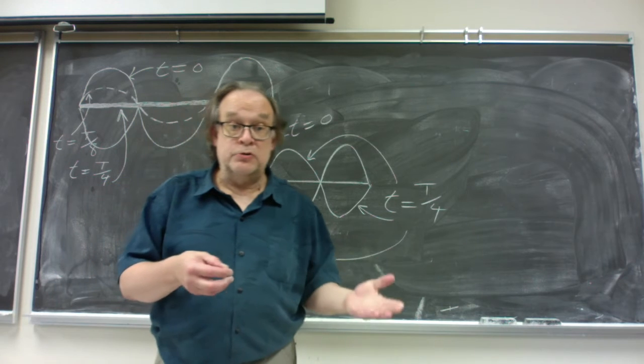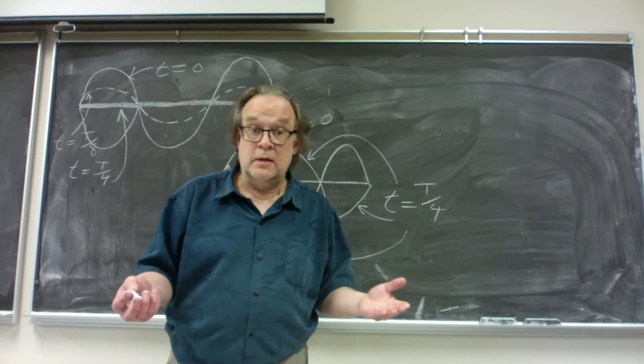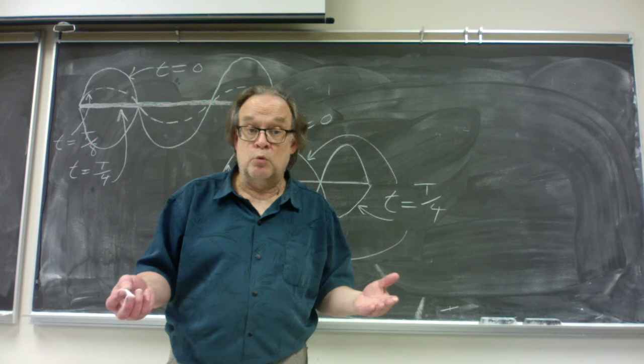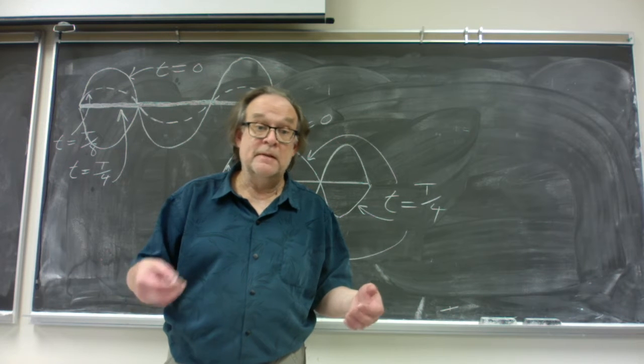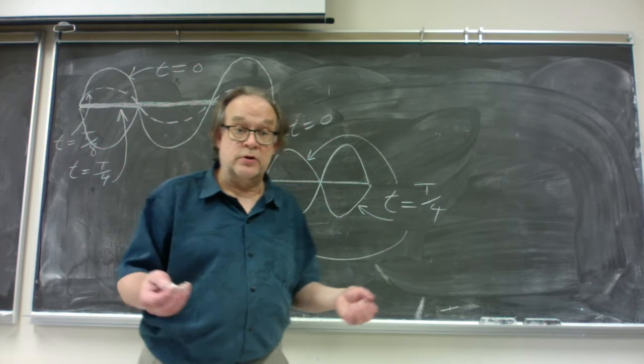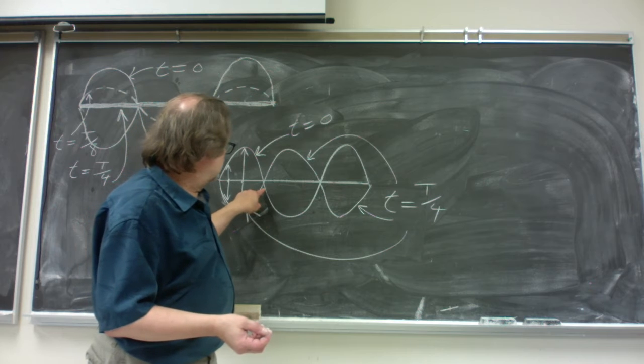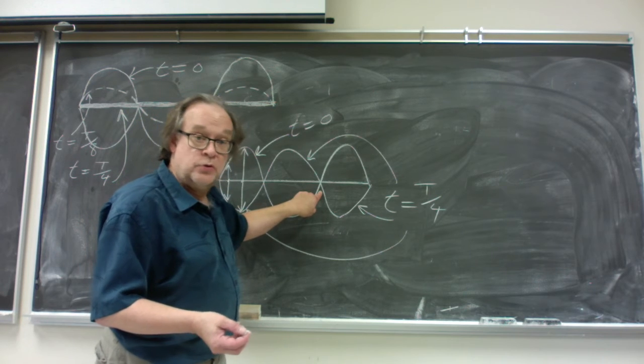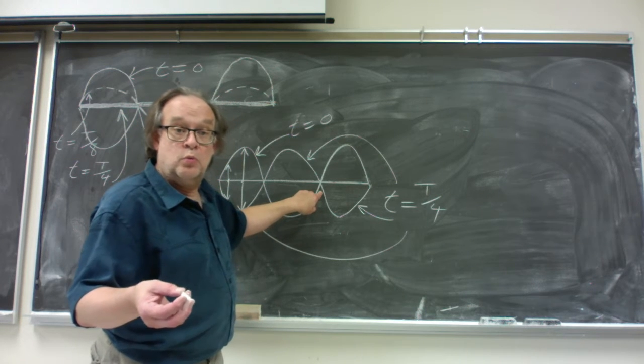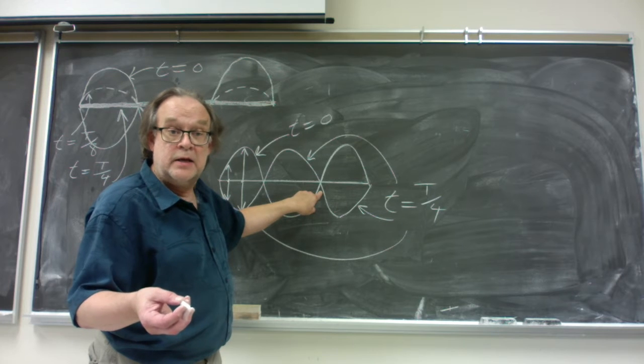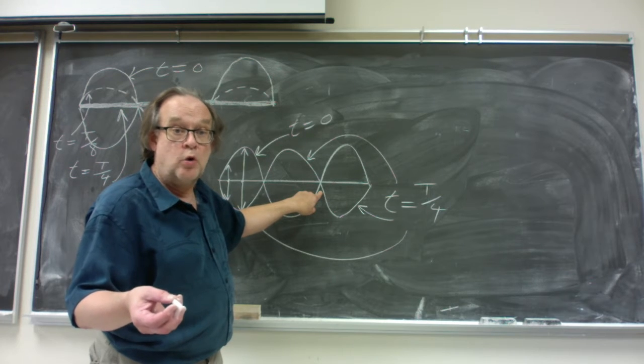And remember, more amplitude means more energy. 0 amplitude means 0 energy. So a little piece of food right here or a little piece of food right here would never receive any energy, would never warm up.